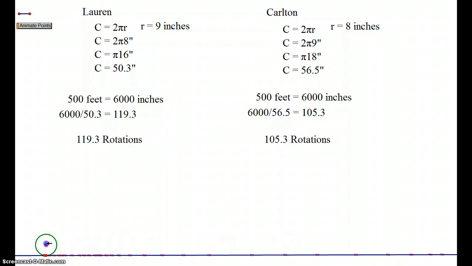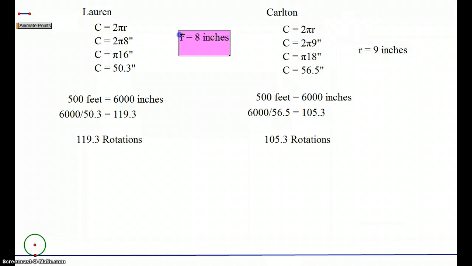So the mathematical side of this is we find out what his circumference is. It seems that I have mixed these two up. If you notice, there's 8 inches here, but Lauren's should be 9, so these two are reversed.